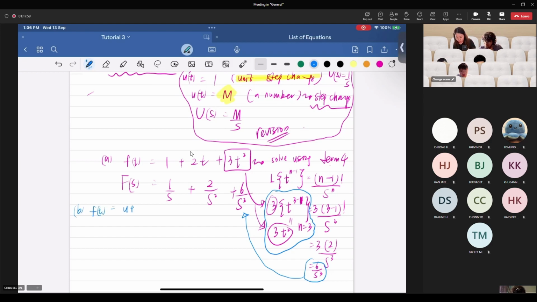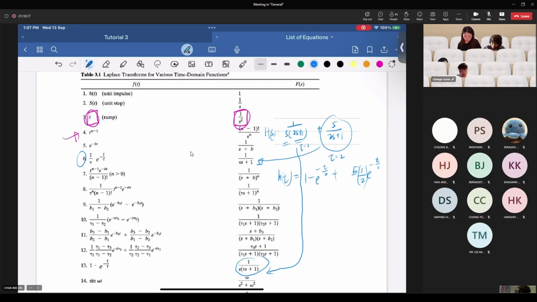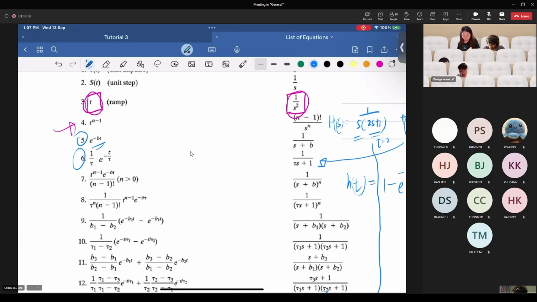Okay, B, f(t) equals u(t) plus e negative 2t minus 2e negative t. So this is also direct conversion. When you get your F(s), 1 over s plus this one, e minus 2t is here, term 5.